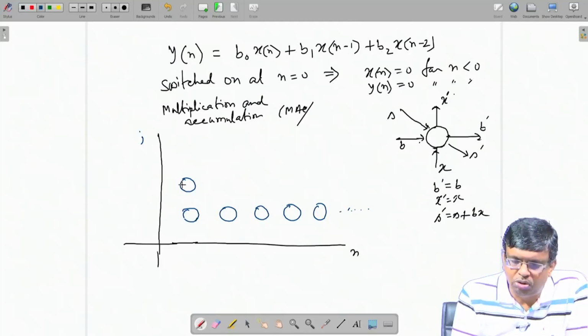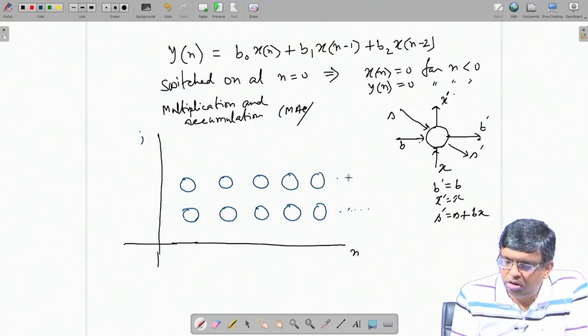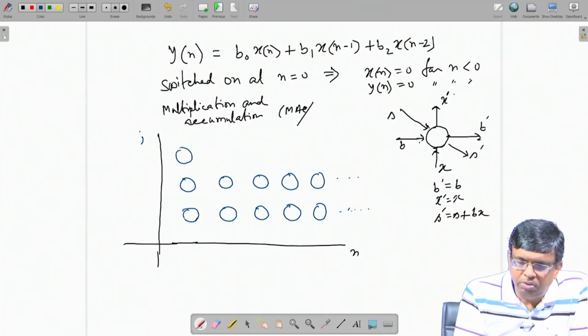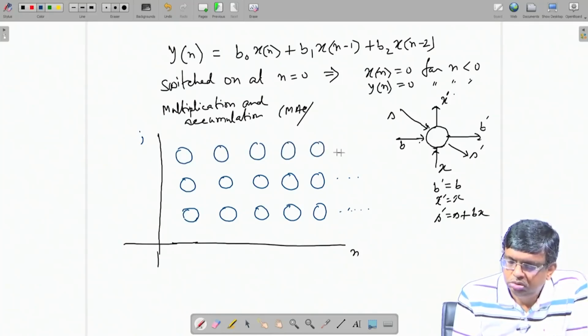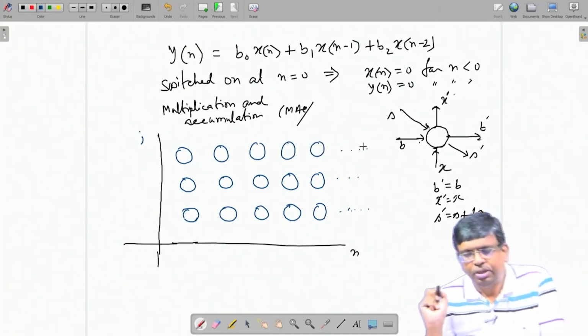Similarly, this is 0 comma 1, n is 0, j is 1, this is 1 comma 1, n is 1, j is 1, 2 comma 1, 3 comma 1, 4 comma 1, dot dot dot, and then again I have got 0 comma 2, 1 comma 2, 2 comma 2, like this, all right.